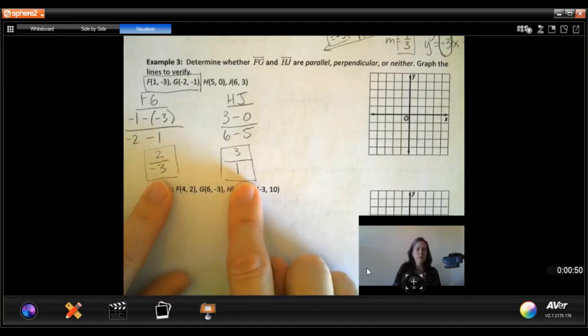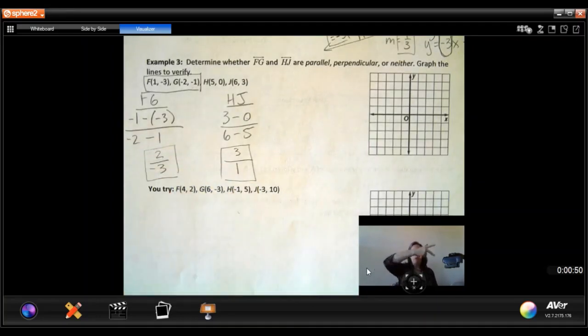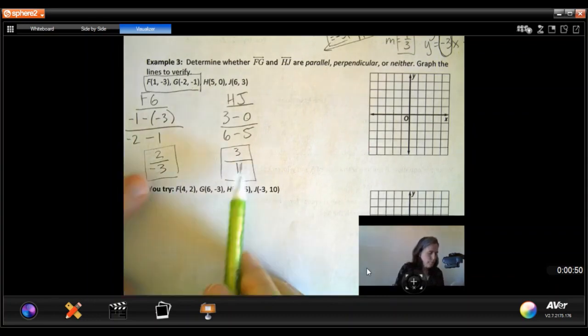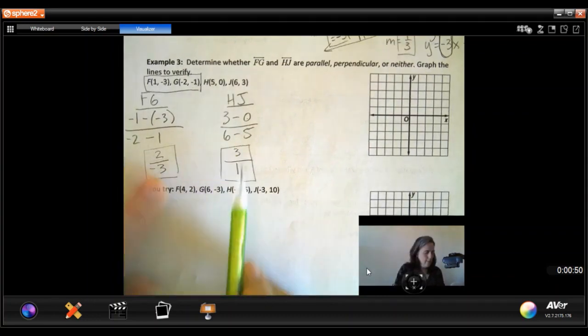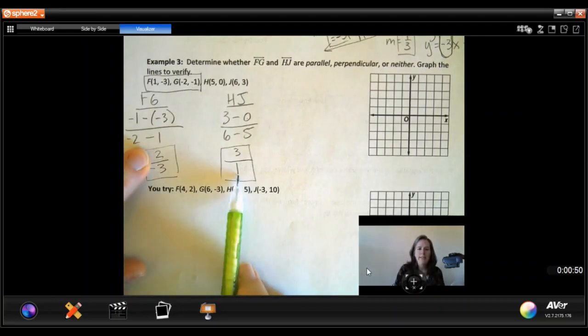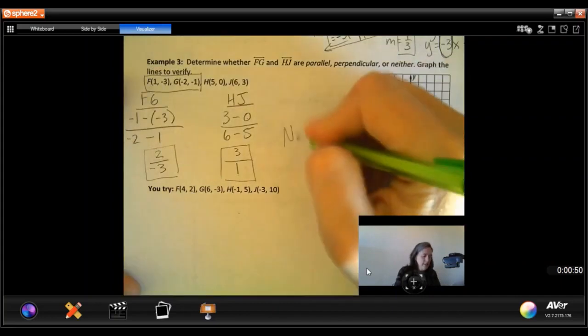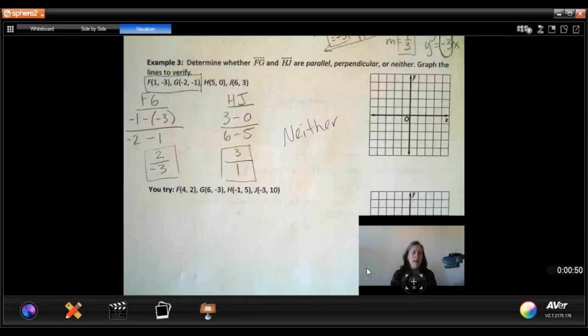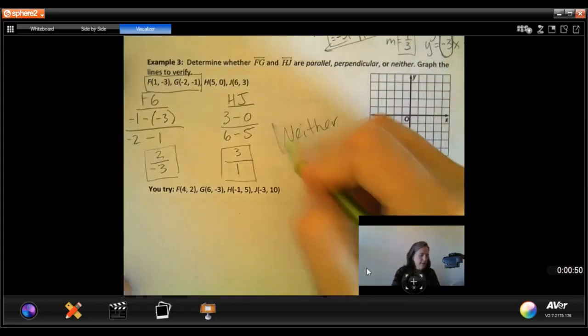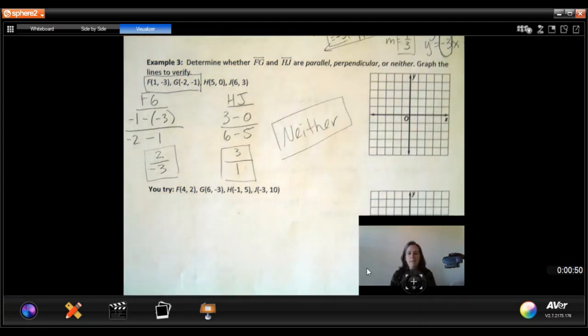Are they reciprocals though? Did the 2/3 flip over and become 3 over 2? Well, the 3 moved, but the 2 and the 1 don't match. So it's not perpendicular either. That means this is neither. Not parallel, not perpendicular. Just two random lines.